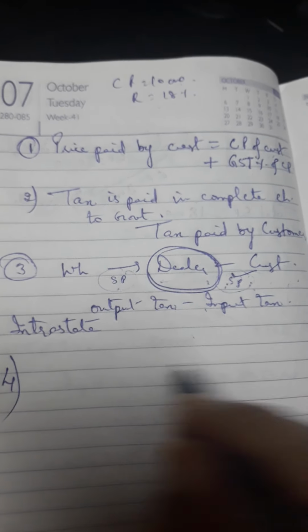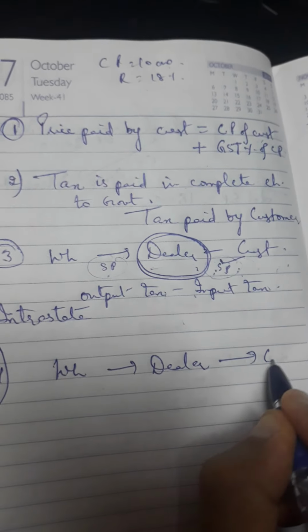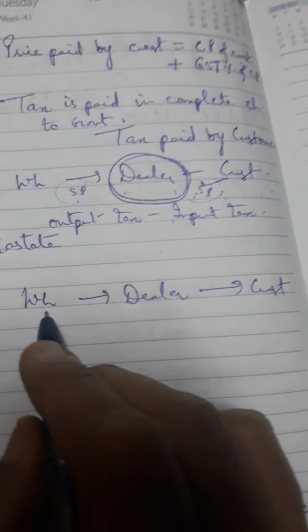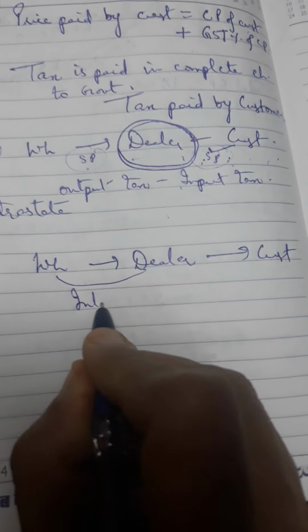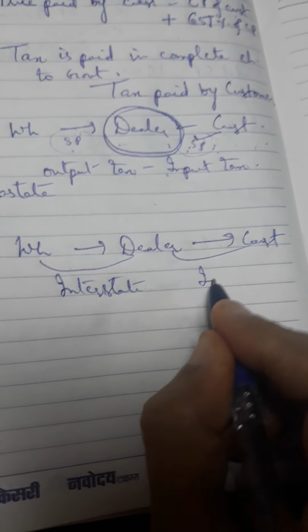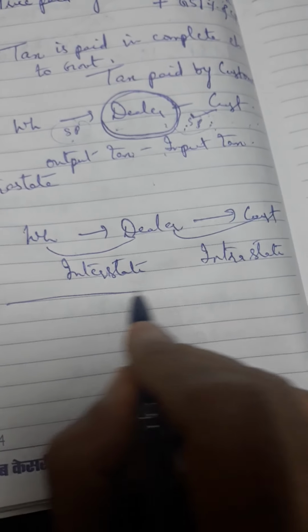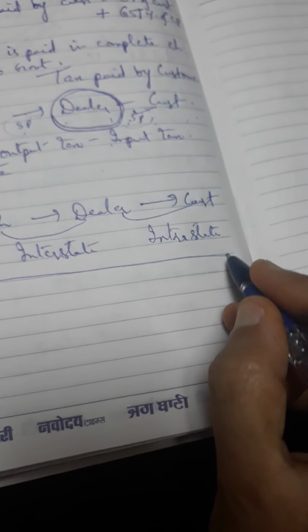Now the fourth case is when it is wholesaler to dealer and dealer to customer, but suppose here it is interstate and here it is intrastate. As I told you, there is a table given in ML Agarwal.